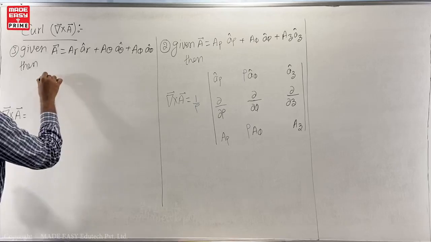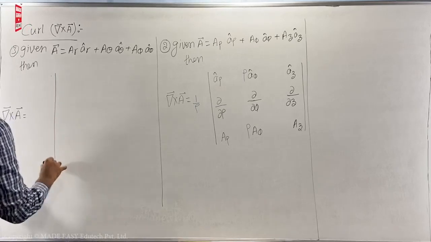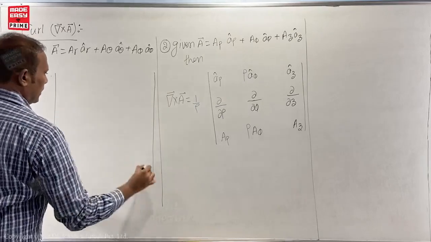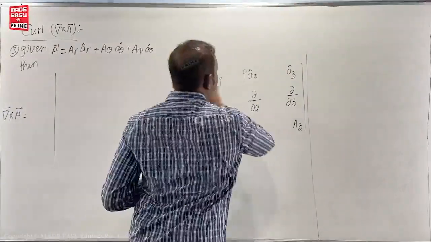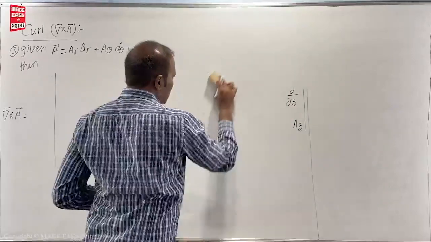Don't write now. Here first I am taking the determinant, then I will remove this also, so that I can write big letters.